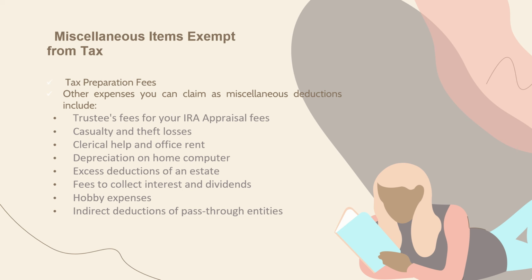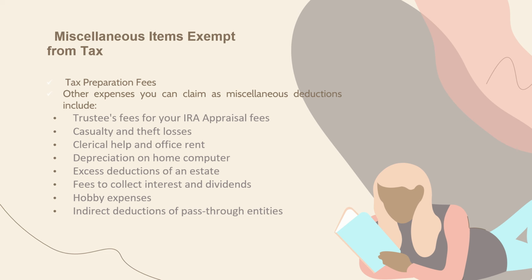fees. You can deduct tax return preparation expenses incurred in the year that you pay them, such as software or filing charges. However, you cannot deduct the convenience charge for paying your tax by credit card.